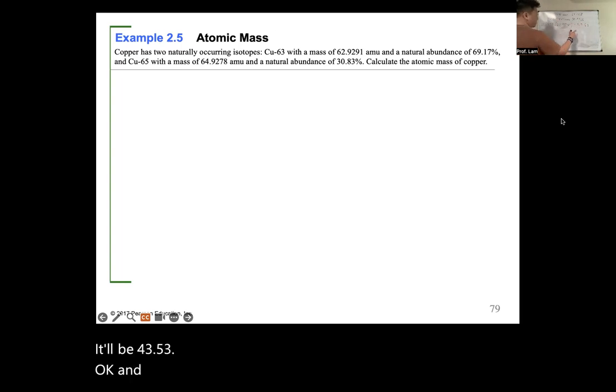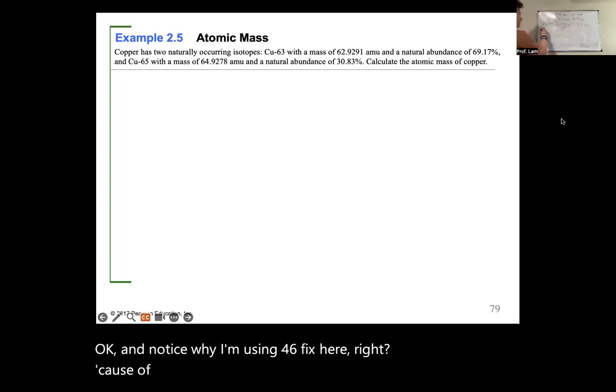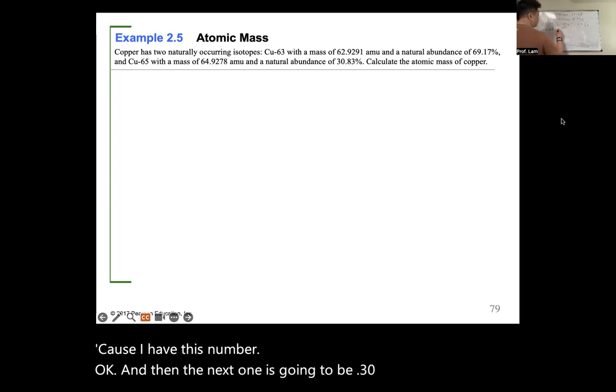Notice why I'm using 4 sig figs here, because of this number. And then the next one is going to be 0.3083 times 64.9278.